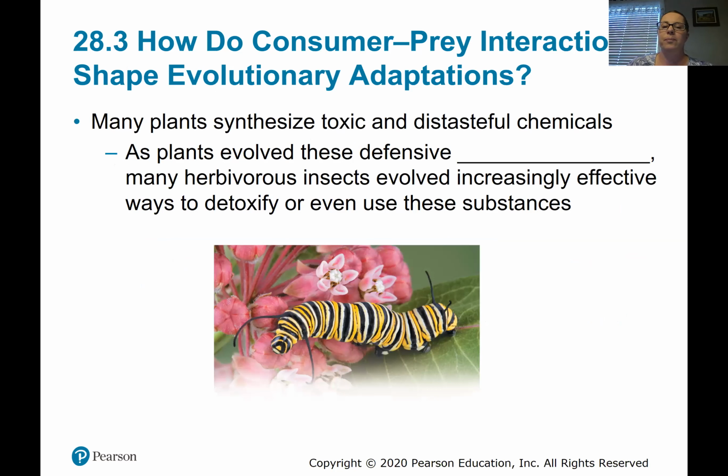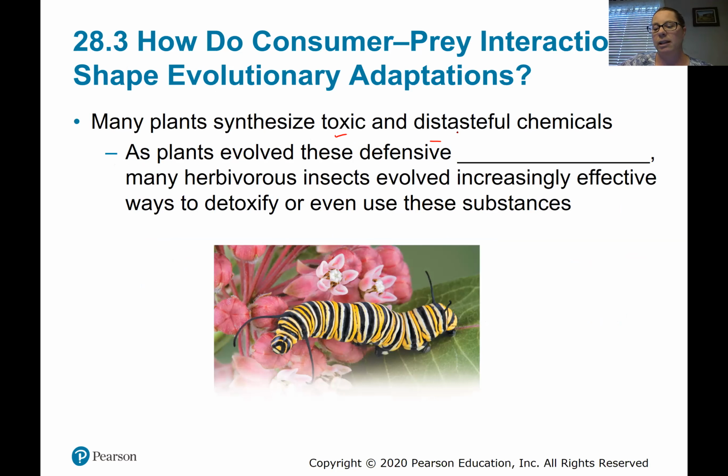One way that organisms, that species can basically help protect themselves against predation, and we see this a lot in plants, is to produce toxic or bad tasting chemicals. And this is a defensive method to help the plants basically prevent being eaten, right?